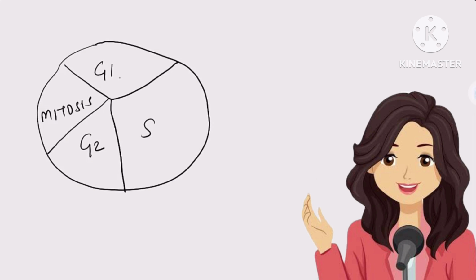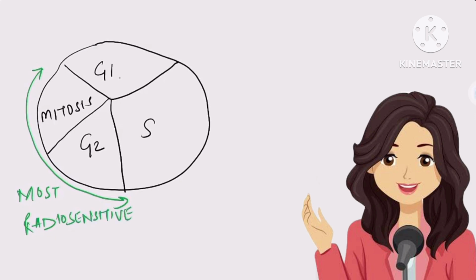Which phase is least radiosensitive? These two are most radiosensitive. These two phases are most radiosensitive. S phase is least radiosensitive.